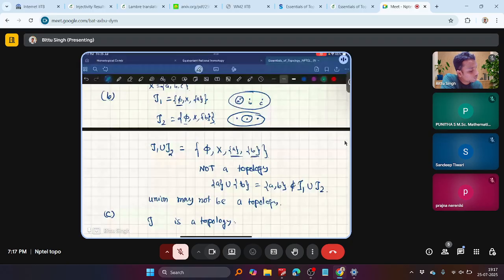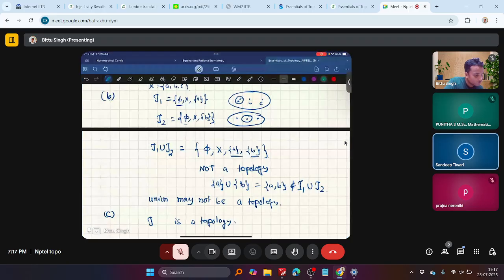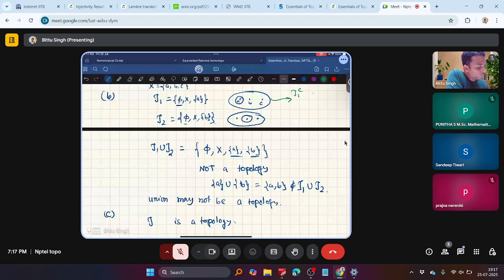Tau 1 complement will be everything other than those. Empty set is not there, and X is also not there, right?